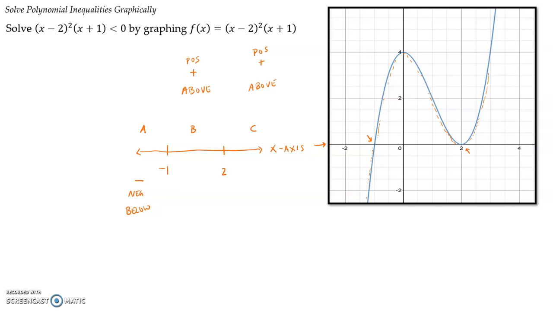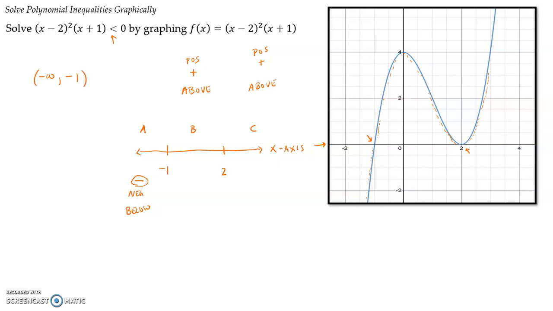Let's take a look at what the question was asking us. They want to know when it is less than 0, and we want to write our answer using interval notation. Well, the only spot where it's going to be less than 0 is where we have an interval that's negative. So we're looking here at interval A, which is everything from negative infinity all the way to negative 1.